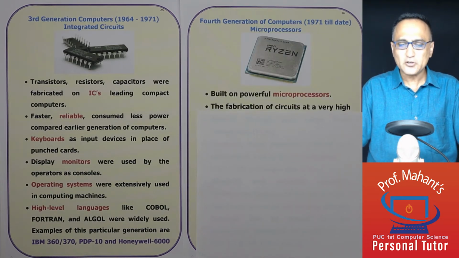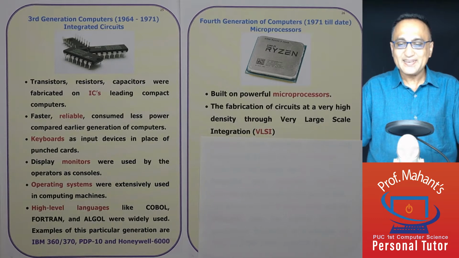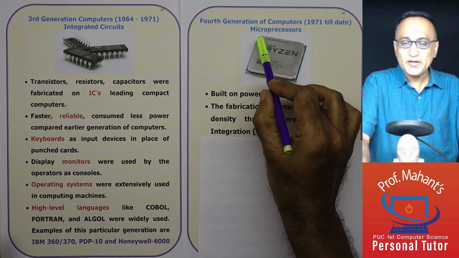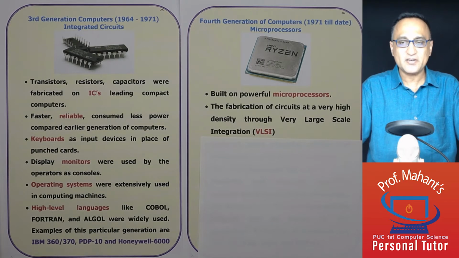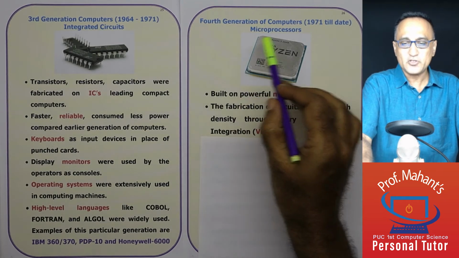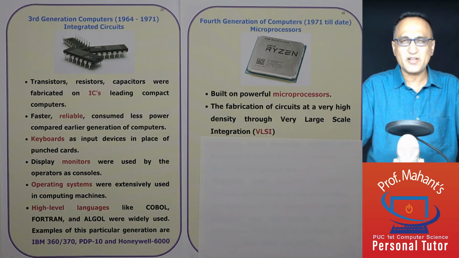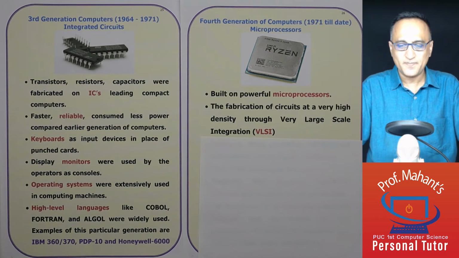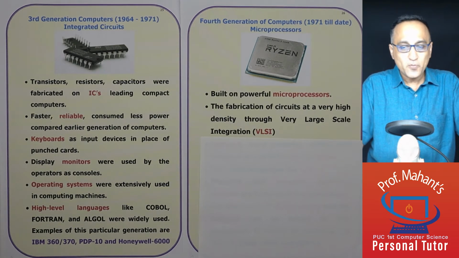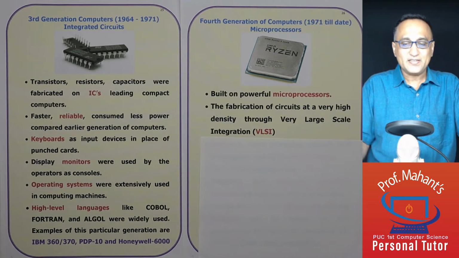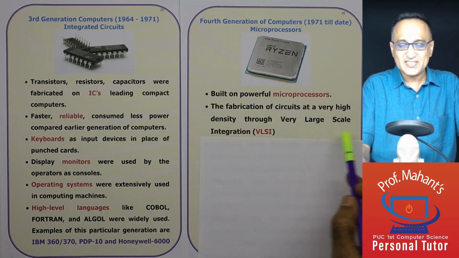The fourth generation of computers is characterized by the advent or the origination of microprocessors. The microprocessor is your central processing unit. So the fourth generation constitutes from 1971 till almost 2000 and so on. It's built on extremely powerful microprocessors like your Intel microprocessor. Now, you need to understand a technical term called integration, large scale integration.